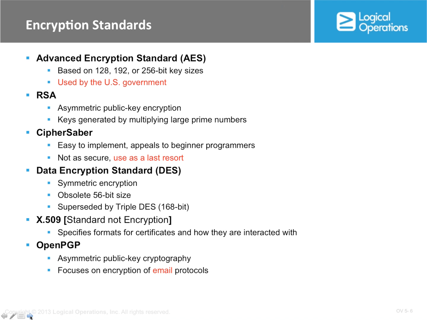To me, it was kind of confusing to see it here, but that is really all that you need to truly understand about X.509. It's a standard of what certificates must look like, the information that they contain, and how they interact with each other.